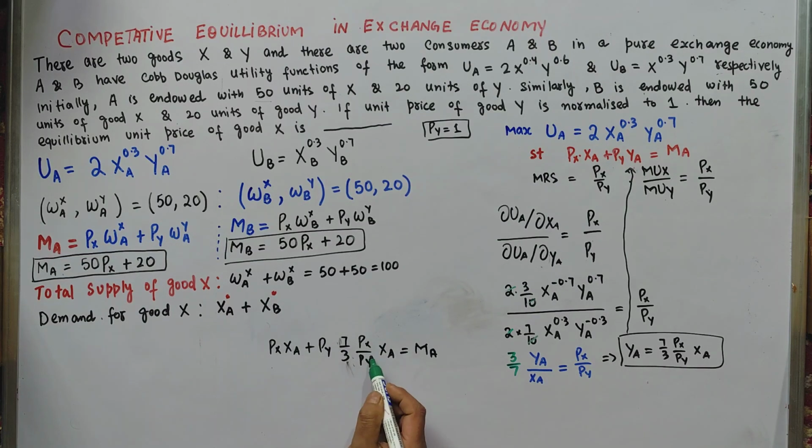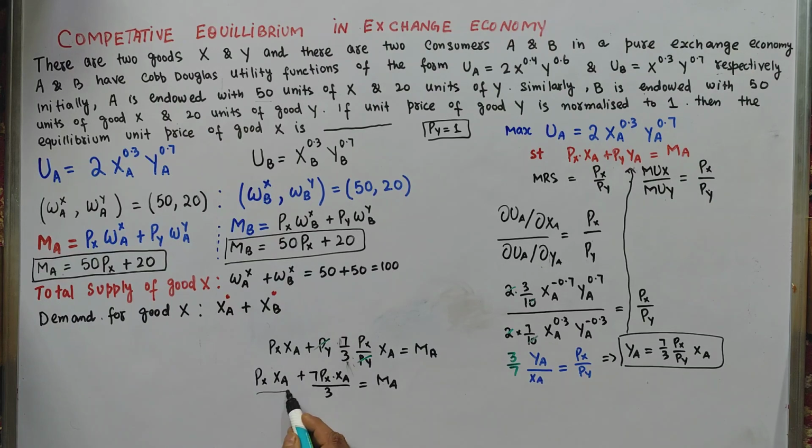Here y_A gets cancelled, so we are left with price of x times x_A plus 7 price of x into x_A divided by 3 should be equal to M_A.